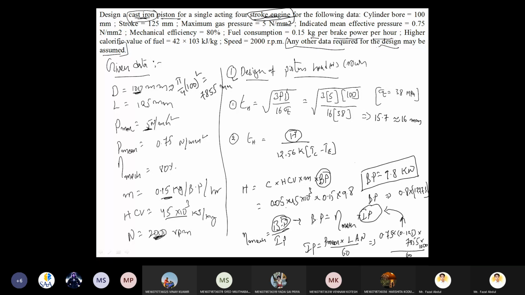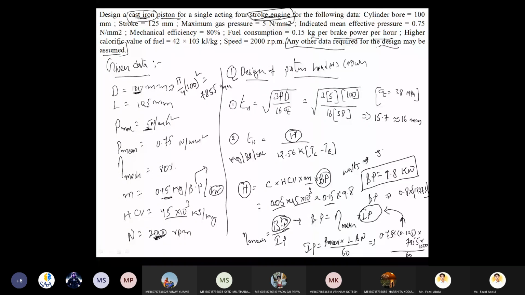Now see here, the C value is a constant. The HCV value is given in the question. And mass of fuel consumption is 0.15. Here it is given in terms of hours, in kg per brake power per hour. We need to convert this into seconds, because we are getting this value in terms of watts. Watts is nothing but joules per second, so we are getting the answer in terms of seconds.